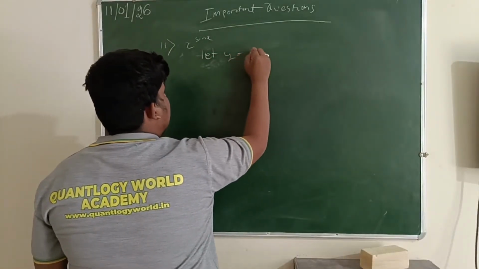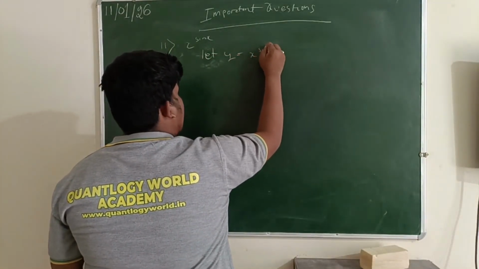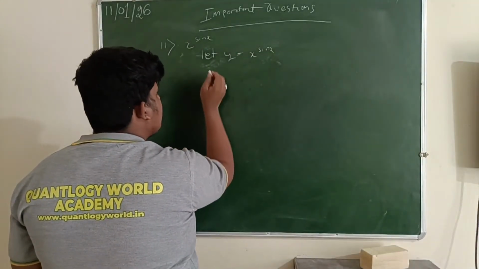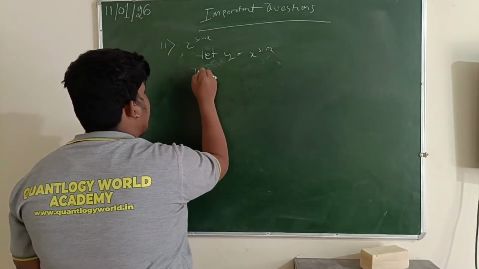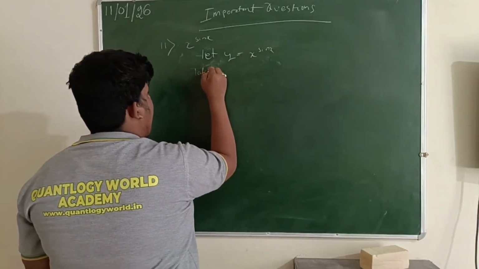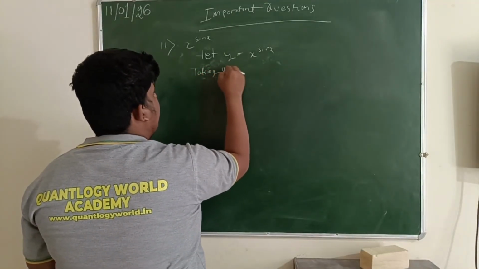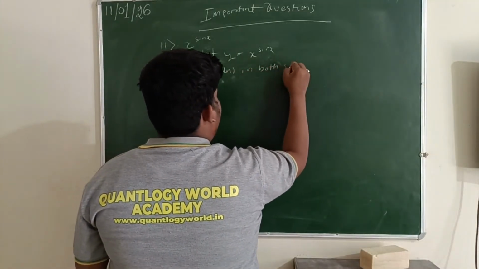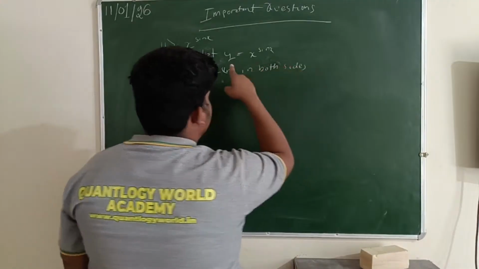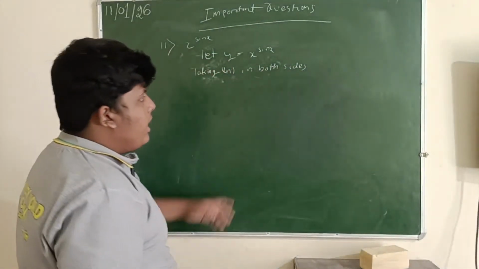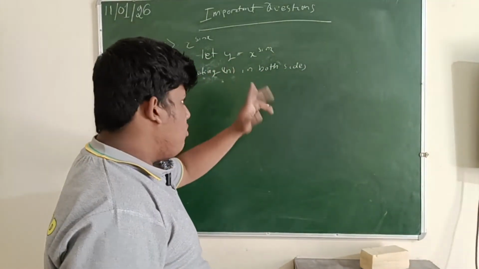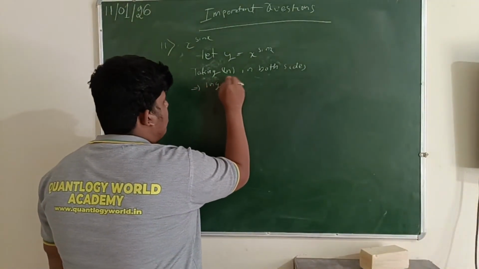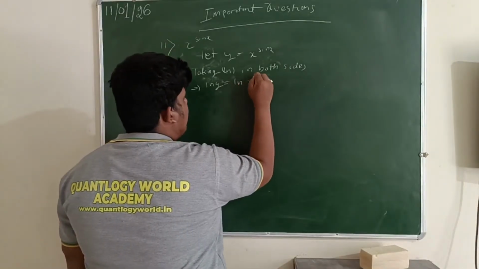Let y equals x to the power sin x. Then, taking ln on both sides, means on the y side also we take ln, on both RHS and LHS, implies that ln y equals ln of x to the power sin x.